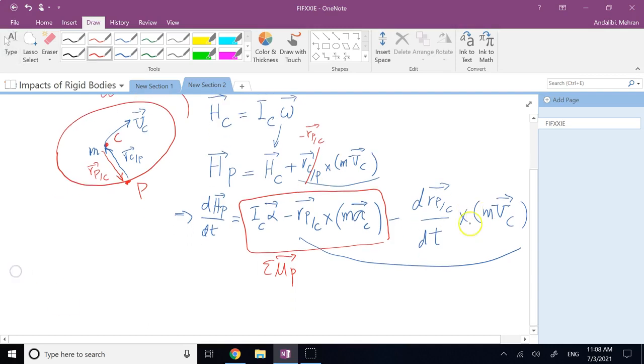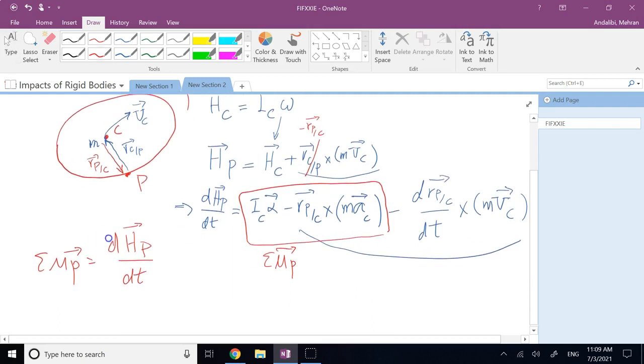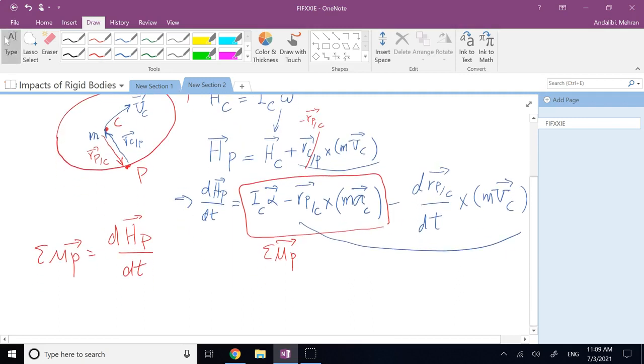If I can do something with that term, then I can get to a simple form, which is the sum of the moment about P is simply dH about P over dt. As long as this term is eliminated or neglected, I can write it this way.